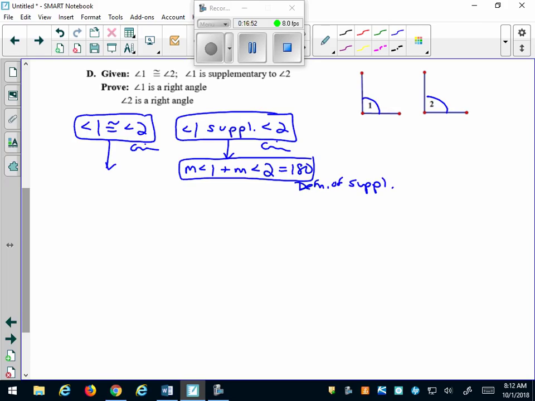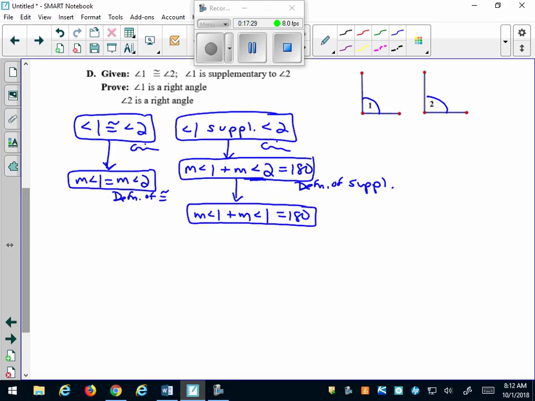Since we're dealing with equations and measures of angles, we probably want to turn this into an equals statement so that we can substitute it into our proof. So, definition of congruent here. Since we know that 1 plus 2 is 180 and 1 equals 2, we can rewrite this statement: measure of angle 1 plus the measure of angle 1 equals 180.